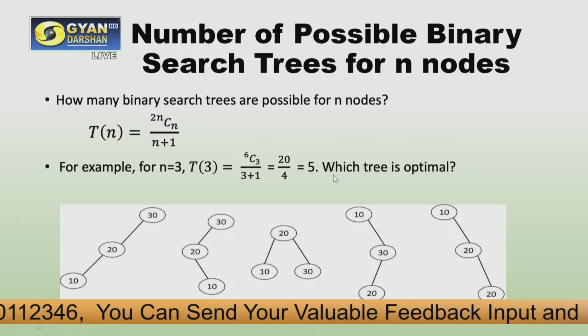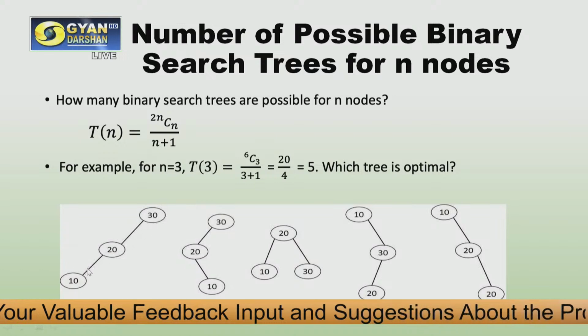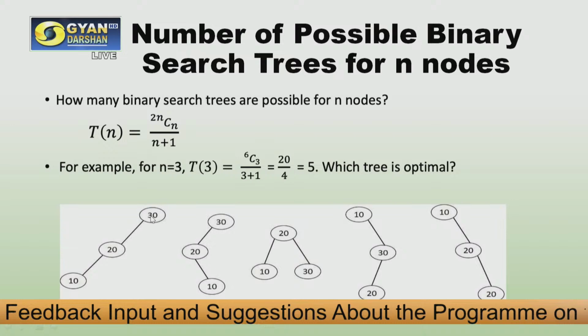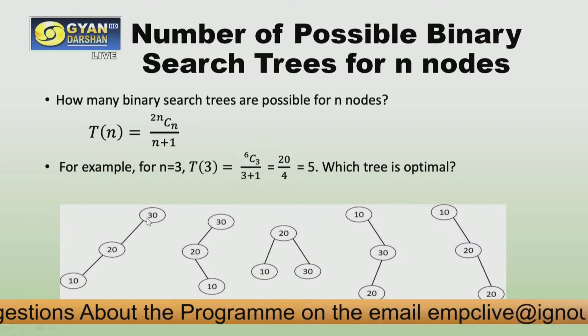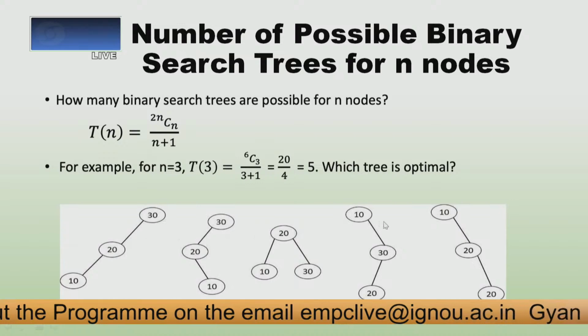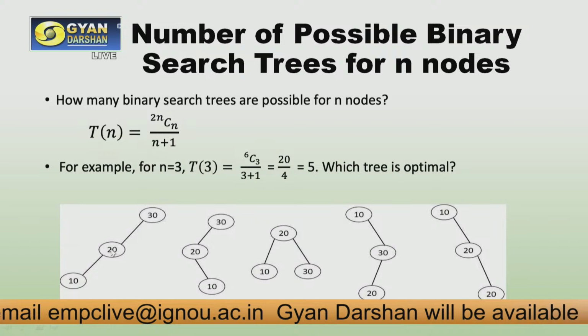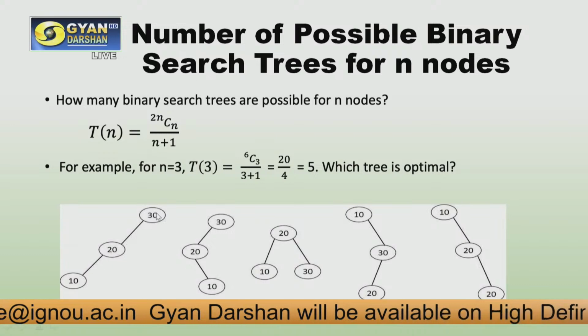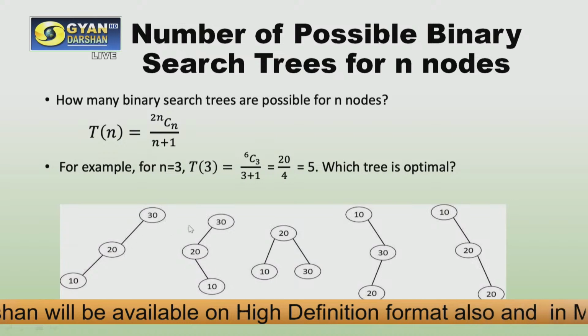All these 5 trees which are possible, none of them violates the property of a binary search tree. Remember that. So this particular tree, 30, 20, 10, the property that the nodes onto the left are smaller is being maintained.